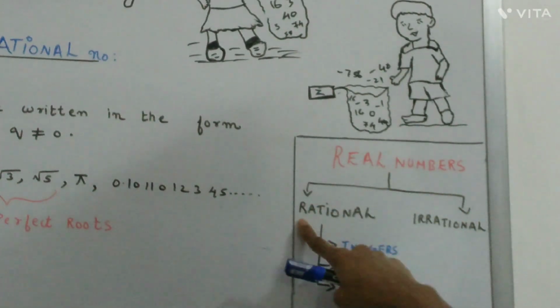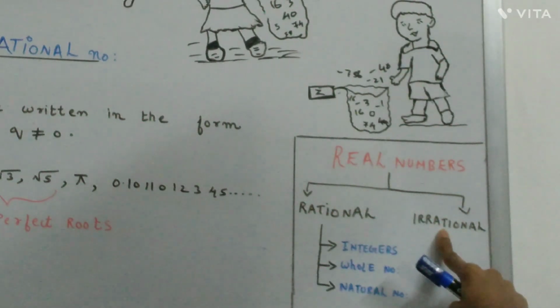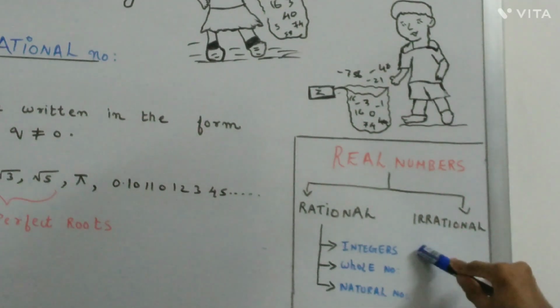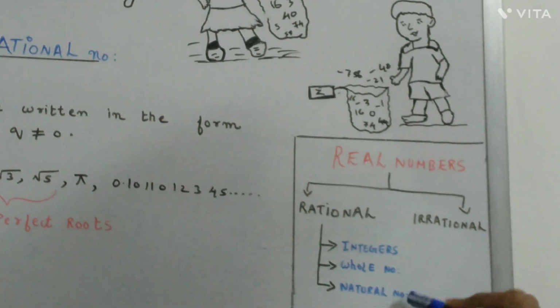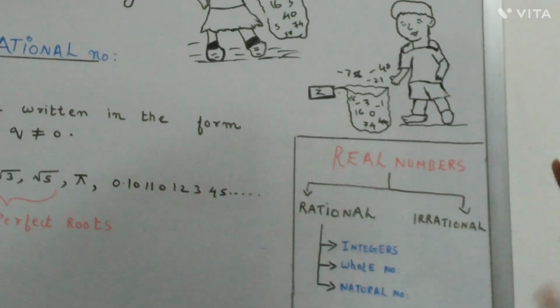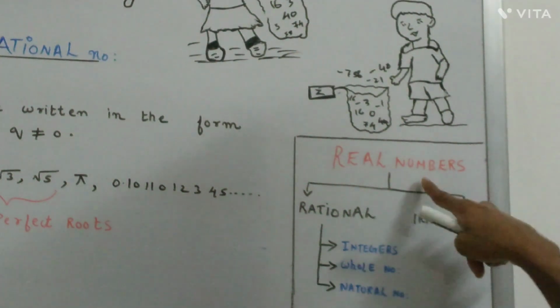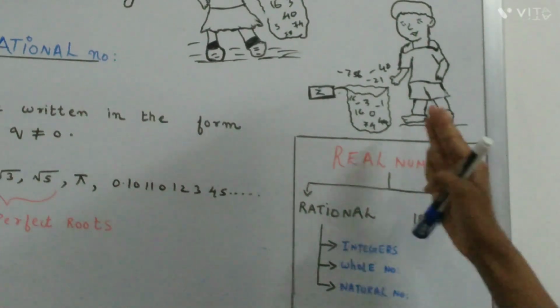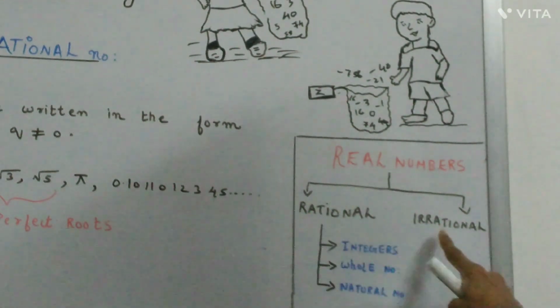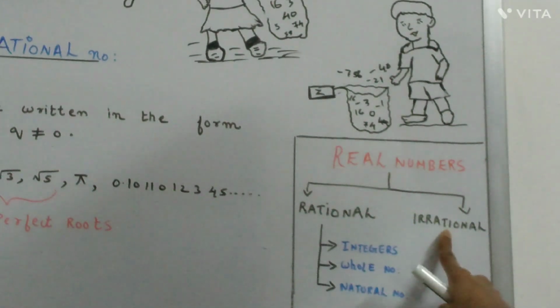It consists of rational numbers and irrational numbers, like we said, and we had also said that rational numbers can be integers, whole numbers, or natural numbers. So all the numbers present on a number line, or all the numbers existing in this universe, belong to the category of real numbers. Real numbers consist of two subdivisions, rational numbers and irrational numbers.